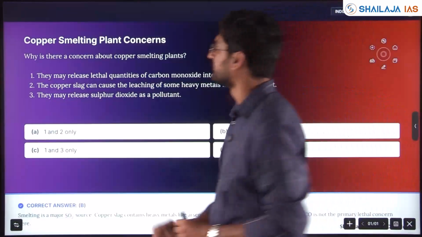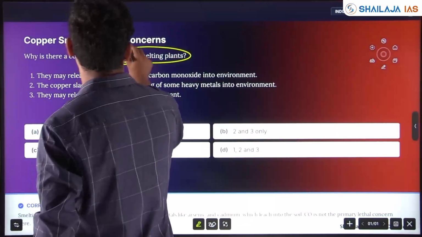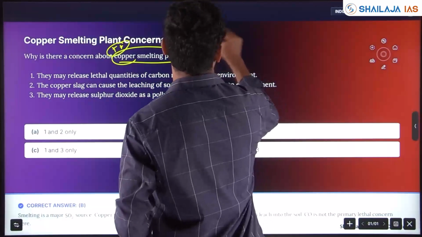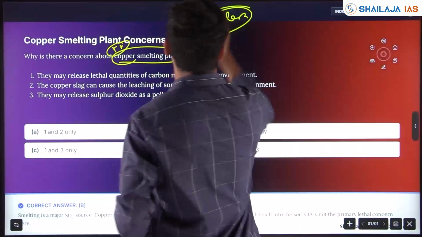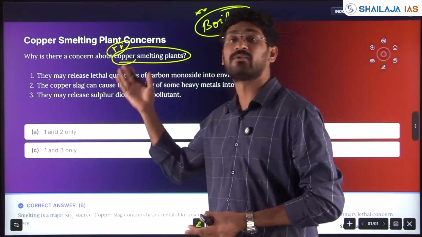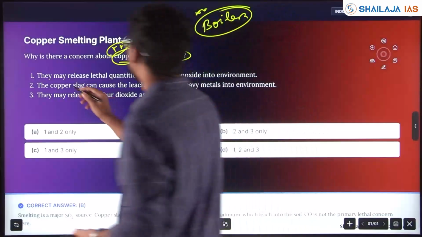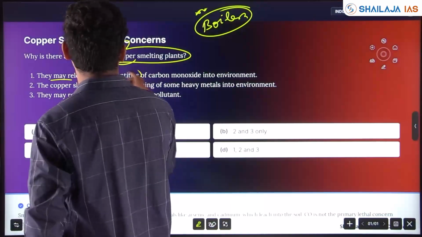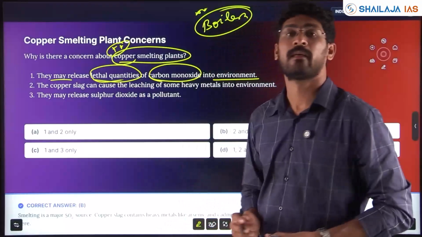This question is with respect to copper smelting plants. Recently, industrial boilers, blasts are happening. A question might come from that theme also. Copper smelting was an issue in the news in 2021, and the question came that year. They may release lethal quantities of carbon monoxide into the environment.